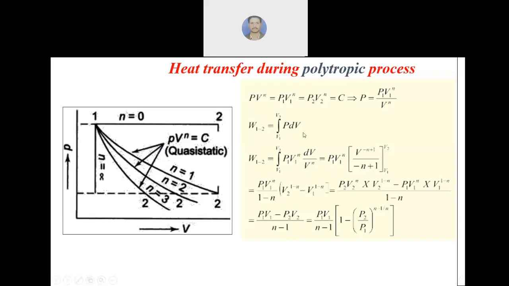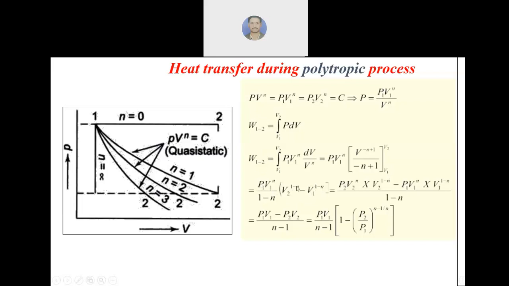And when you integrate it, you will get minus n plus 1. This is the fundamental of mathematics. You have to remember the formulas of integration and the formulas for differentiation for different cases. So after resolution, you will get this thing, then put the limits V2, V1. You will get this.